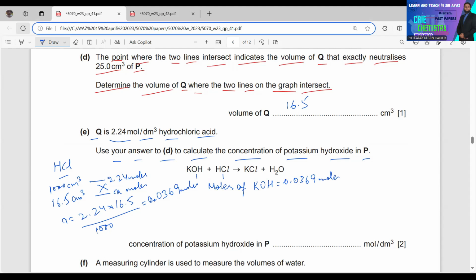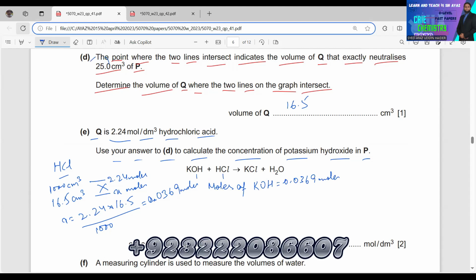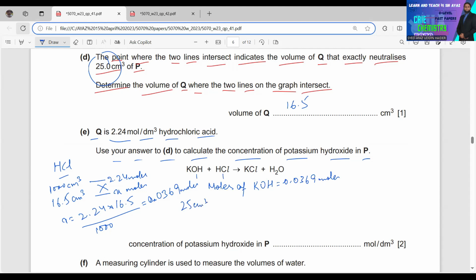Now the volume of KOH, how much volume of KOH is used? It's 25 centimeter cube. P is KOH. So you write 25 centimeter cube contains 0.0369 moles. Therefore, 1000 centimeter cube contains X moles. So it will be 1000 multiplied by 0.0369 divided by 25.